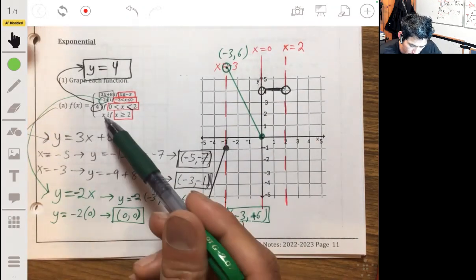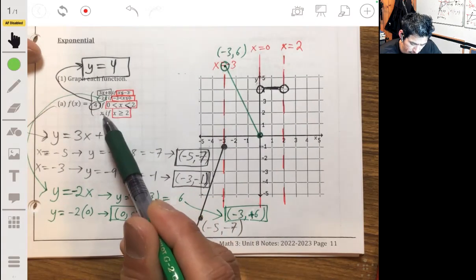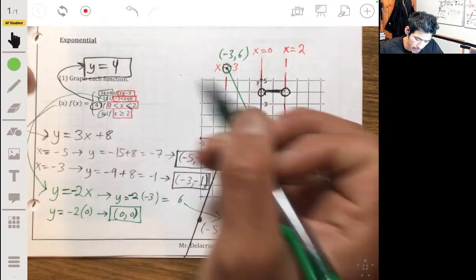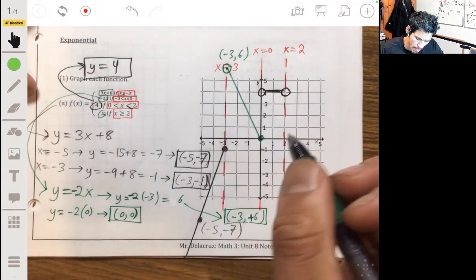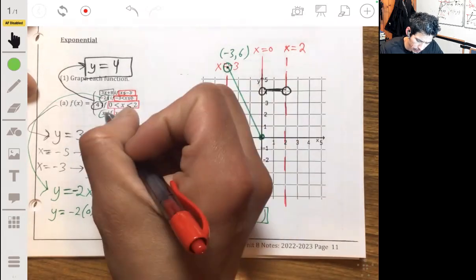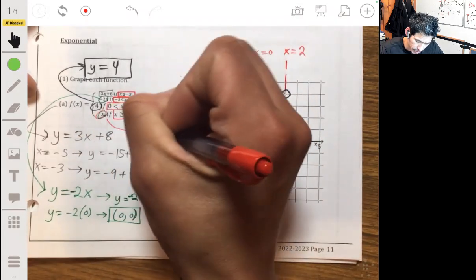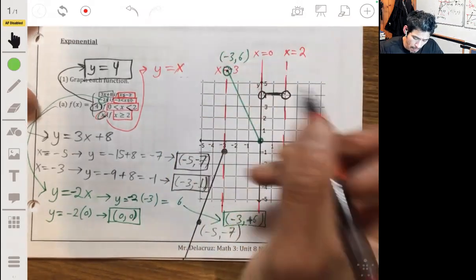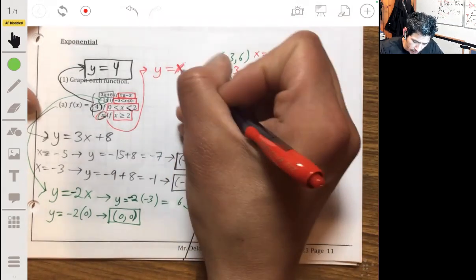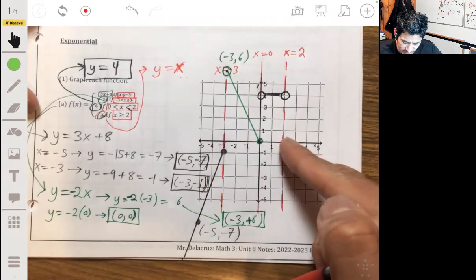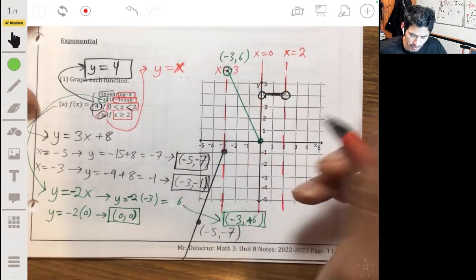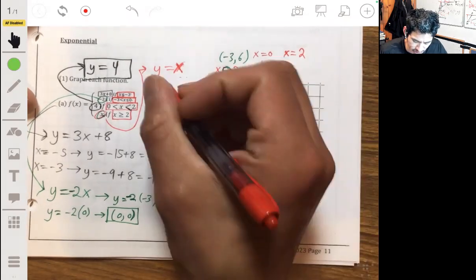And the last one, x, what? That's just going to be equal to x. So y is x. Let's throw in the green again. Actually, let's do red. So this will just be y equals x. What the heck? So we're going to plug in 2 because 2 was included in this one. So x is 2, y is 2.